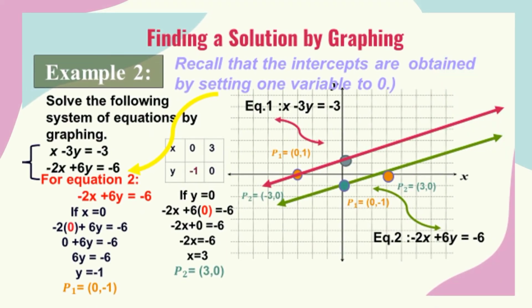If we are going to graph the points in one Cartesian plane, the figure looks like this. So you will notice that the two lines are parallel. If two lines are parallel, we may say that the system of equations has no solution.